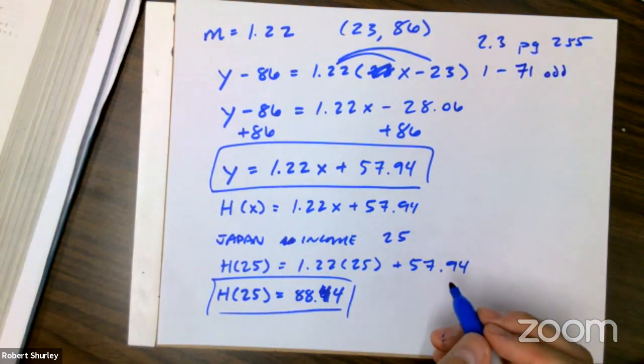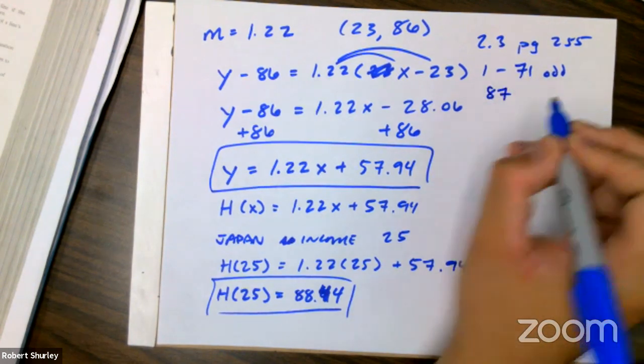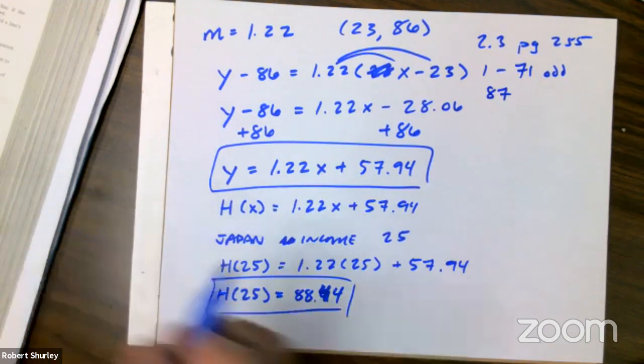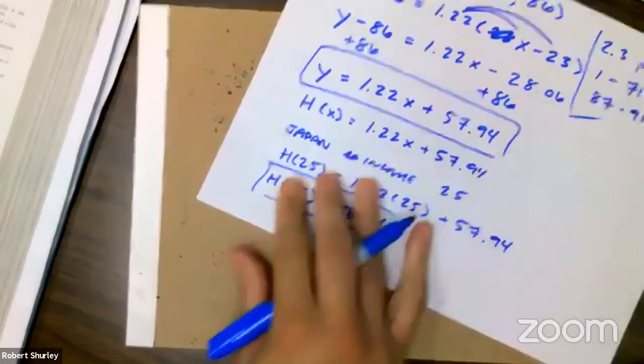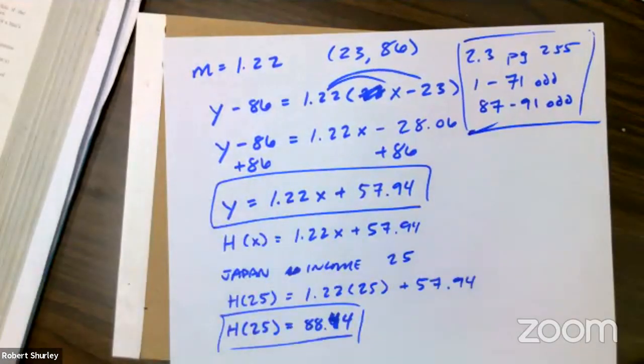And then I want you to skip over and look at 87 through 91 odd as well. So that's going to be the homework for today's class. Great. So page 255, 1 through 71 odd, and then 87 through 91 odd.